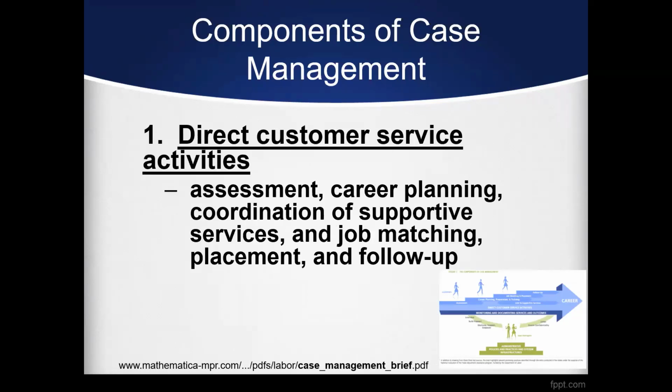The first component is direct customer service activities. This component consists of several aspects. There are assessment, career planning, coordination of supportive services, and job matching, job placement, and follow-up.